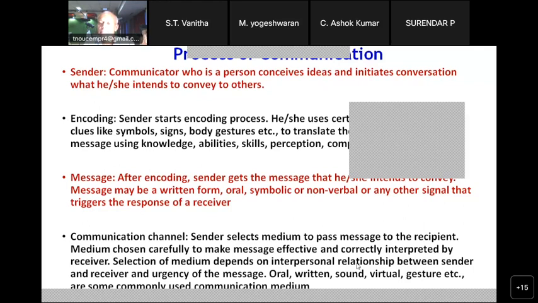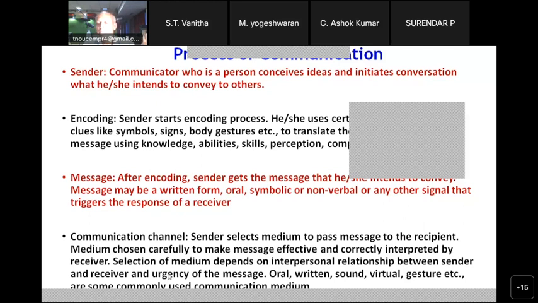In case I am talking with some village people or very old people who don't know how to operate the internet or mobile, naturally I will not use the internet, I will use some other medium. And it depends upon the urgency also.